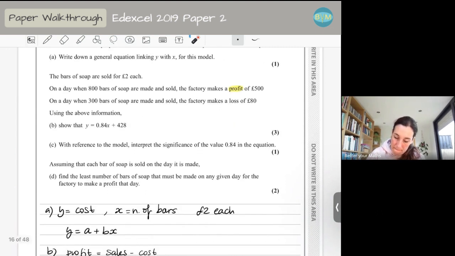Assuming that each bar of soap is sold on the day it is made, find the least number of bars of soap that must be made on any given day for the factory to make a profit that day. To make a profit, we want the sales greater than the cost. Now we have a model for the cost, and we know the sales because it's 2 pounds multiplied by the number of bars.